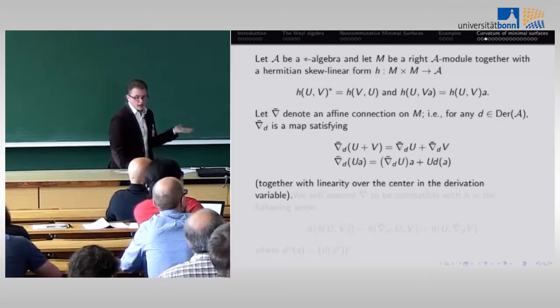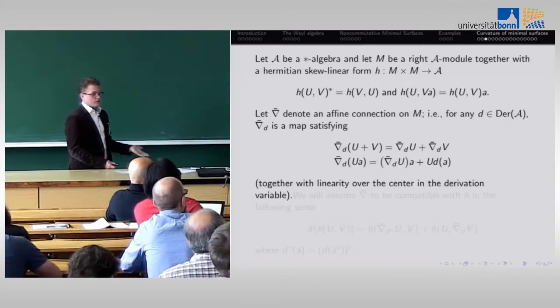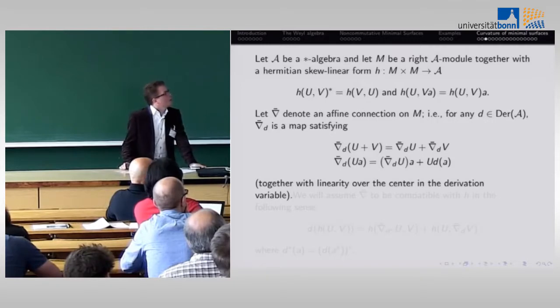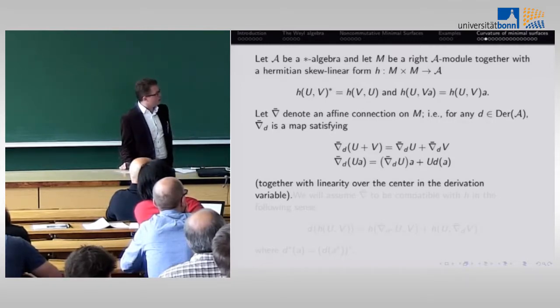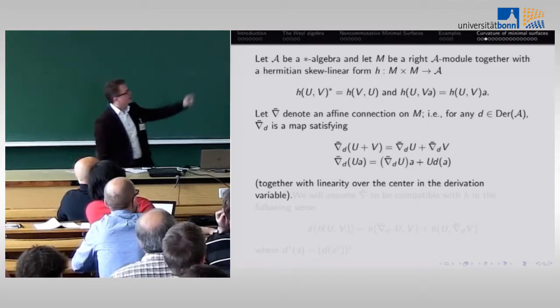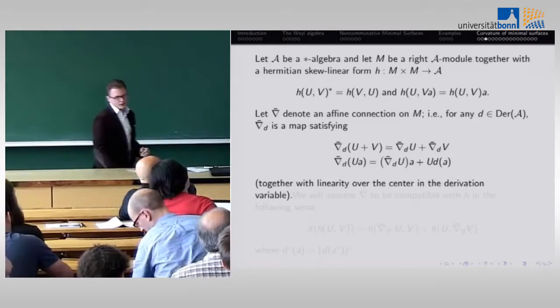And we let nabla bar be some affine connection on M. For every derivation D, we think of nabla_D as a map satisfying these properties of an affine connection, together with some linearity in this little d variable. So just standard things.